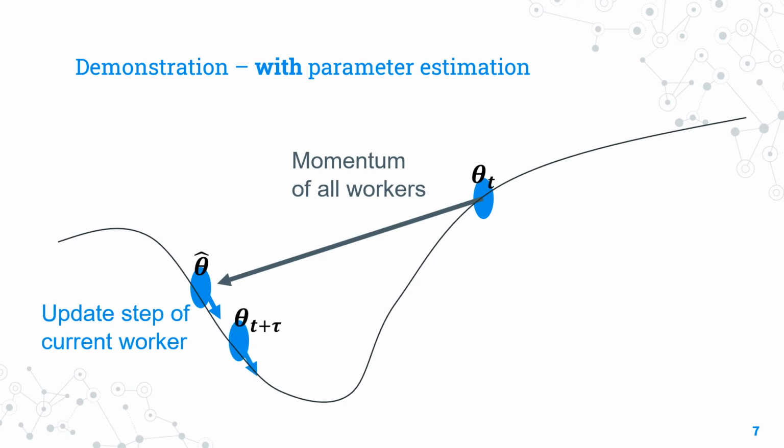When the worker finishes computing the gradient, it sends it to the master, where it is applied on parameters theta_{t+tau}. We see in this illustration that parameters theta_{t+tau} are much closer to theta hat than to theta_t, and therefore the gradient should be much more relevant to the master's current parameters.